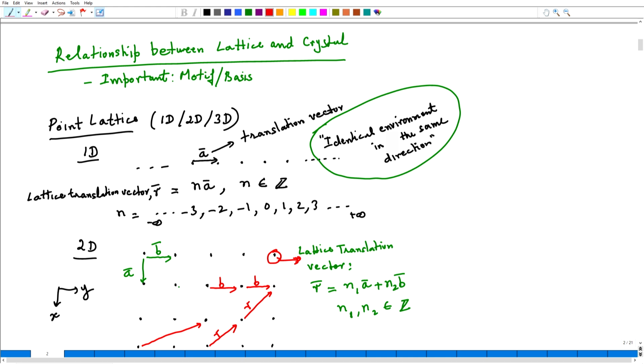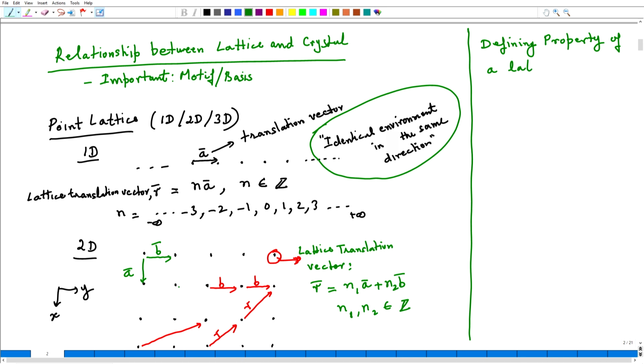So, one can say what is the defining property of a lattice. The defining property of a lattice is in fact a symmetry which is called translation symmetry.